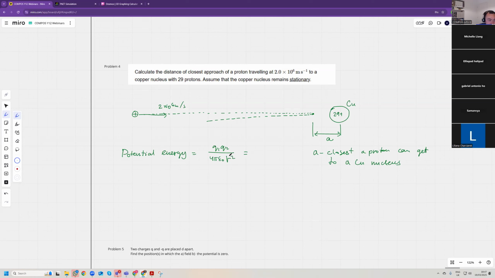So that means it's the charge of the proton multiplied by the charge of the copper. It has 29 protons, so it's 29q squared divided by 4 pi epsilon naught a, where a is the closest approach.